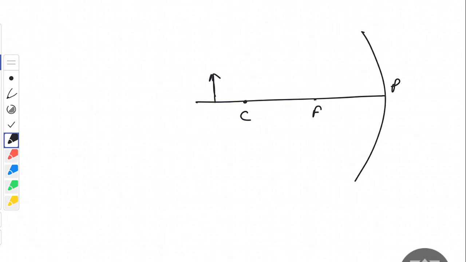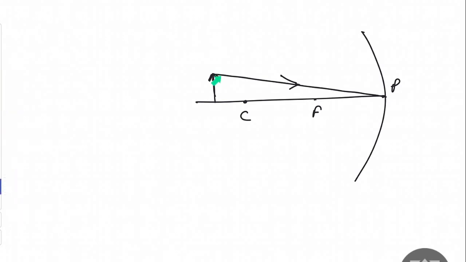Now this I'll ask you to think carefully and tell me: if I take a ray which goes to the pole, after reflection, where will the ray go? You have to think and tell me.